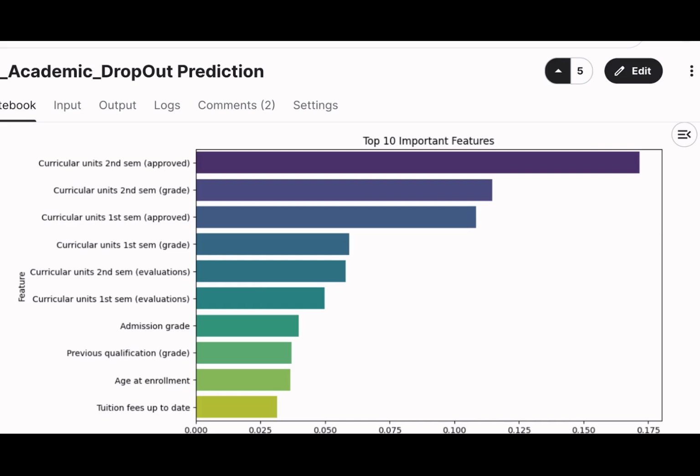And also you can see that admission grade, previous qualifications, age, tuition fees are also some of the factors that influence the dropout. So it's not just the current academic performance that ensures that the student will be a graduate, but there are other factors also, like the age, the tuition fees, the previous qualifications, the admission grade, that also determine whether they will drop out or not.